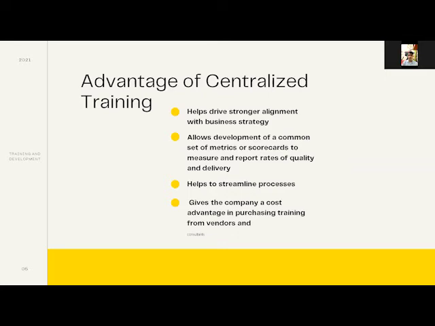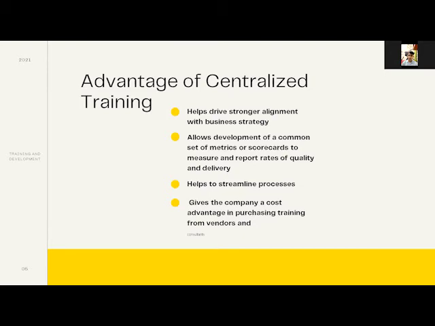So yeah, centralized training really drives stronger alignment with business strategy, because when things are centralized in a company, it really comes from one mind, one idea, one thought. And the people around it share the same idea, because it comes from one center, from a specific point of view.